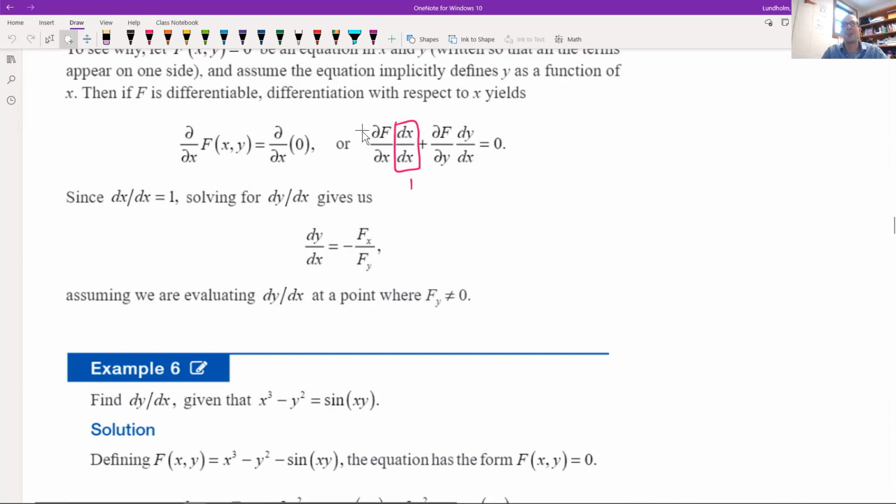So essentially what you have is this partial derivative plus this partial derivative times dy dx, and you're able to solve for dy dx because this one's just the partial derivative with respect to y. This one's just the partial derivative with respect to x. And you're able to solve this equation and isolate dy dx.